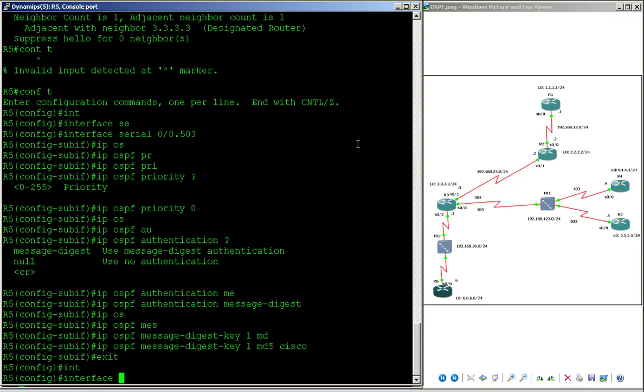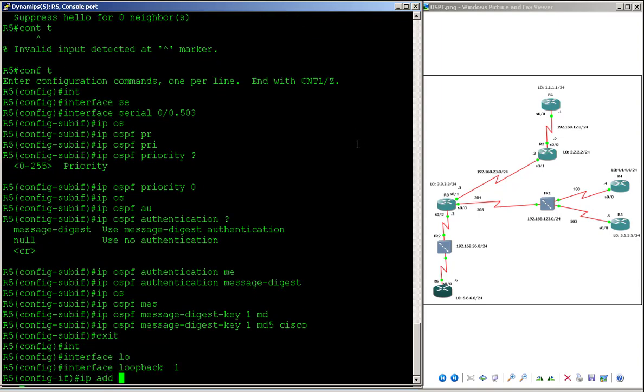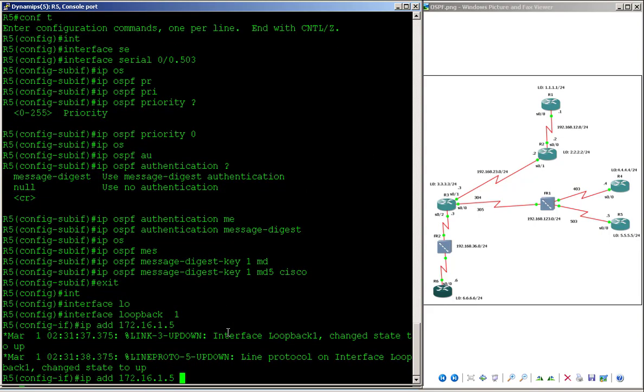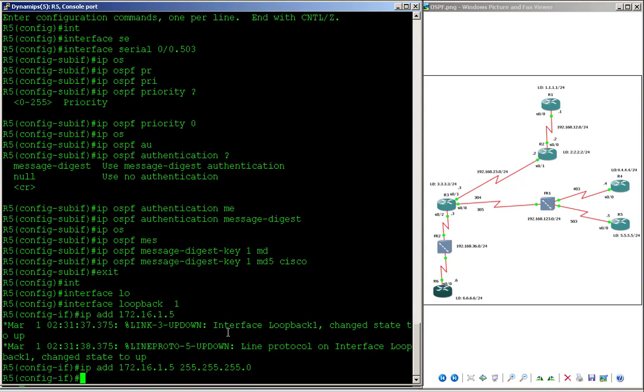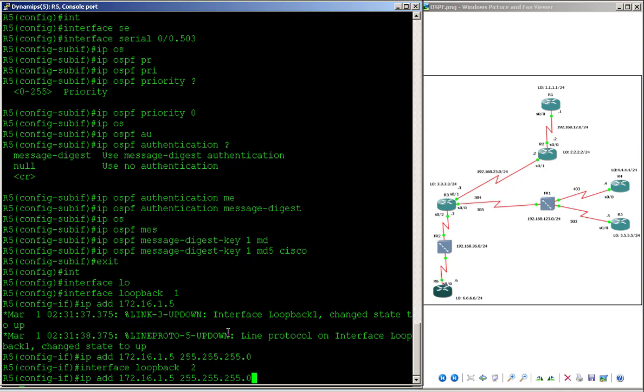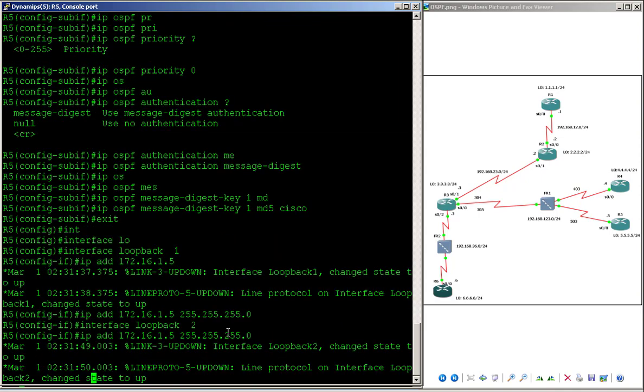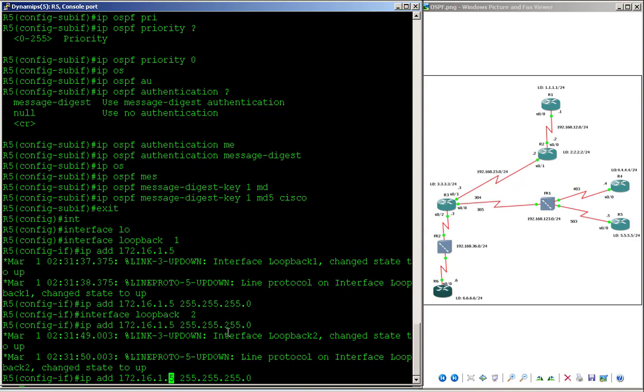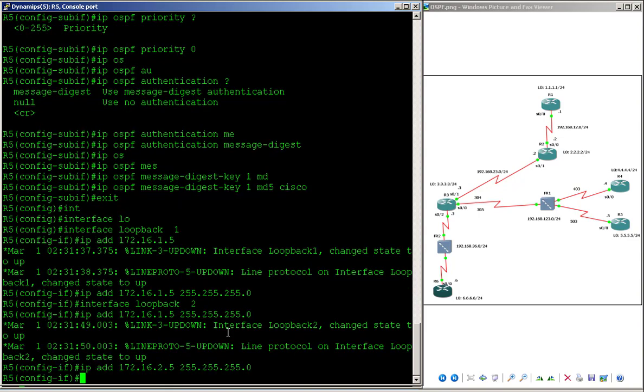Interface loopback 1 IP address, and then loopback 2, and then loopback 3.